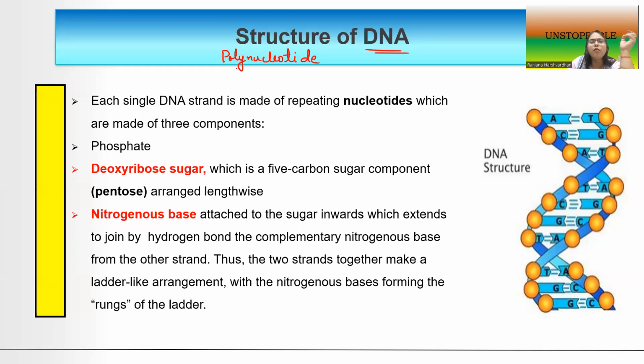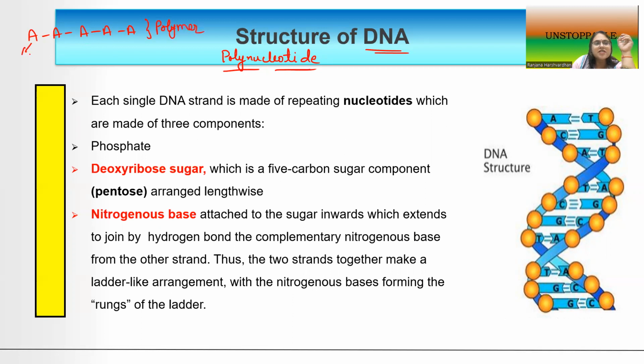What is the meaning of polynucleotide or a polymer? I hope you know the meaning of the word polymer. When one unit is repeated again and again, it forms a polymer. Monomers mean the same units, like suppose I have one molecule here, A, and it is repeating itself again and again, then it becomes a polymer.